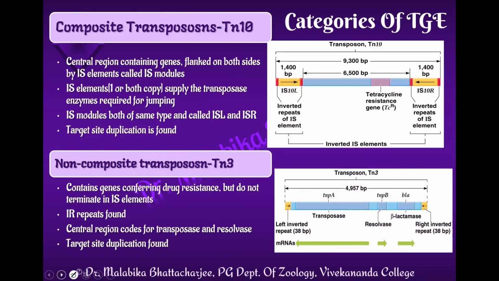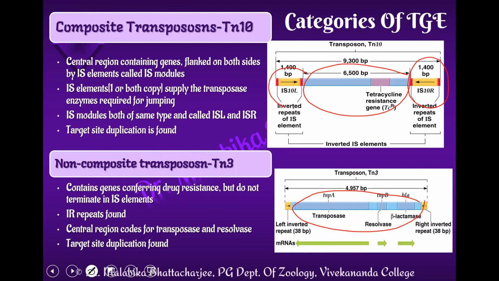Now look at the picture. The picture speaks for itself. You can see this is the central piece of DNA. In this case, the DNA is bordered by two IS elements on the two sides, so this is a composite one.